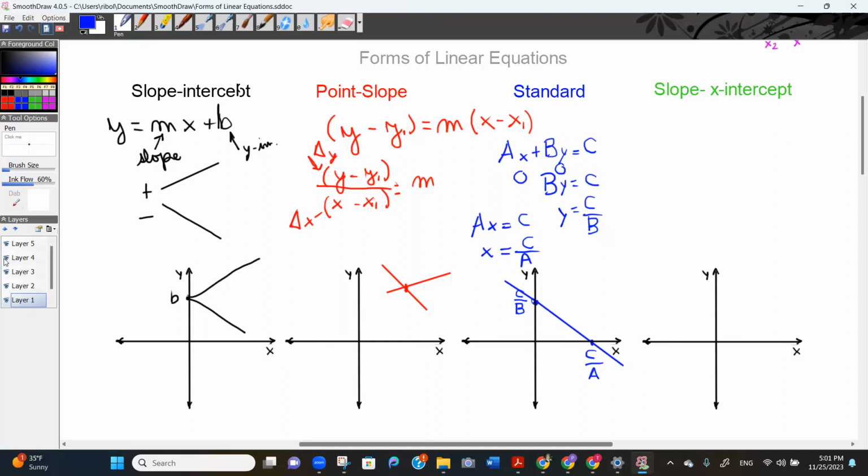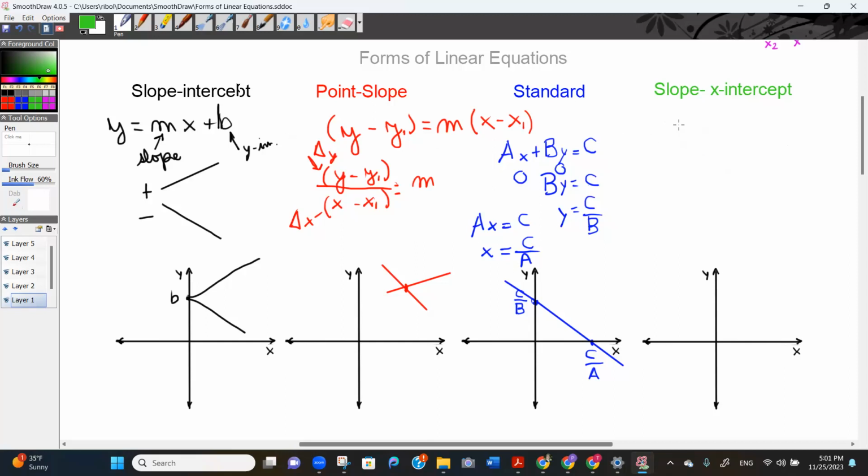There is a fourth form that is not talked about much, but I find it very useful. It is basically what we call the slope x-intercept form. This is not the slope-intercept form with the y-intercept.